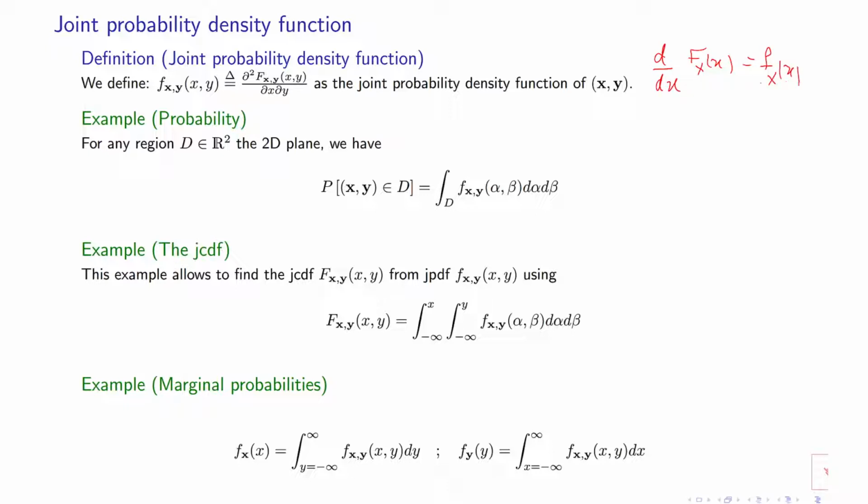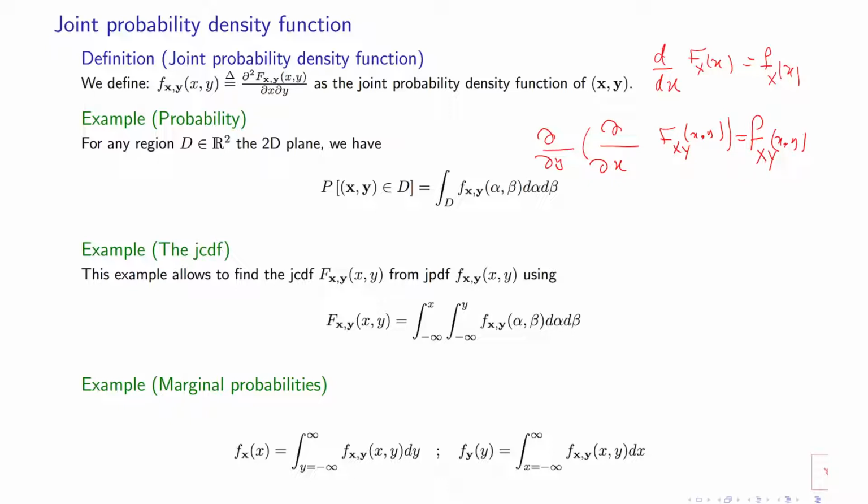Now I have two random variables, F(x, y) of x and y, so I take the derivative with respect to both of them. And because I have two of them, I don't use the d, I do the partial derivative with respect to x, and then the derivative with respect to, let's say, y. So this is denoted by the joint density f of x and y. This is just my definition.